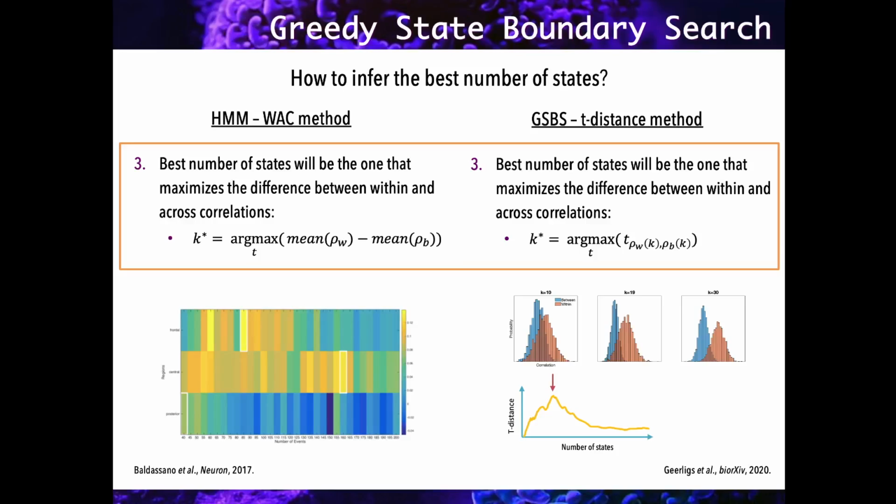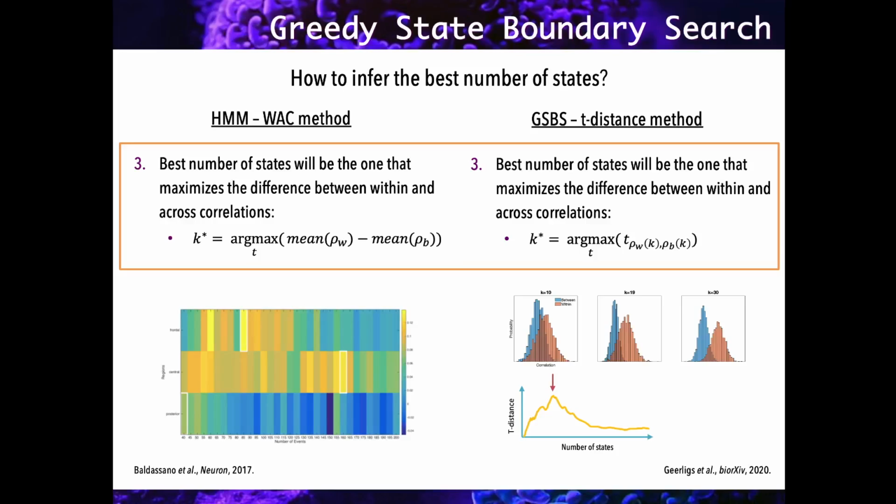So for the final step, in the within and across method, what we would do is take the average of these two distributions and take the maximum of the difference between these two averages. Because we expect that the best number of states that explain our data would ideally have the highest difference between within and across correlations, because we expect the within correlations to be much higher than the between correlations if we are obtaining the best states for our data.